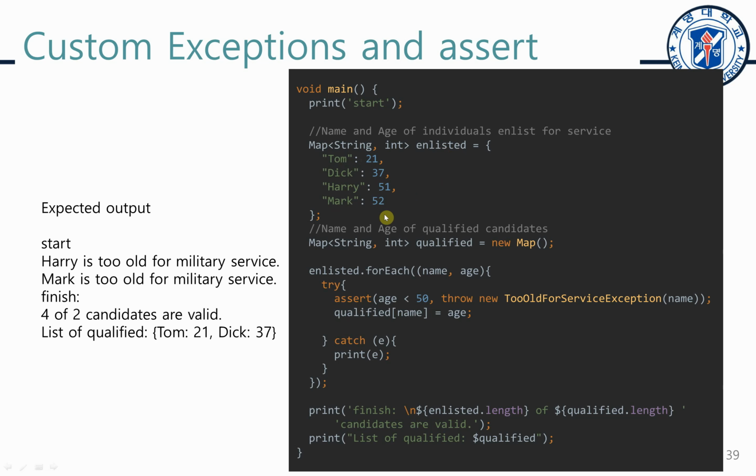And then we create another map to store the qualified people. We go through each user: Tom, Dick, Harry, and find out whether they are qualified or not.